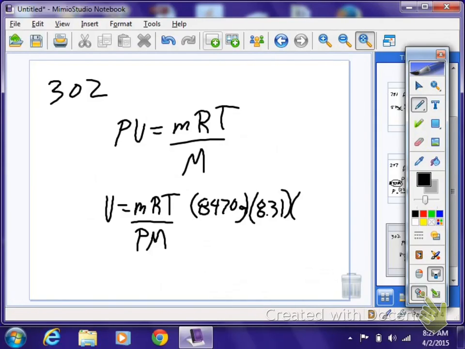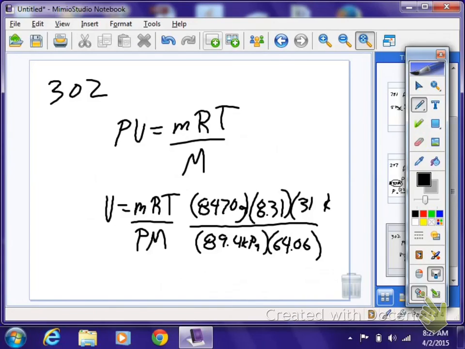The temperature is going to be, I think, 313. Okay, pressure is 89.4. And then we're left with sulfur dioxide. And I think sulfur dioxide is like 64.08? 64.06?